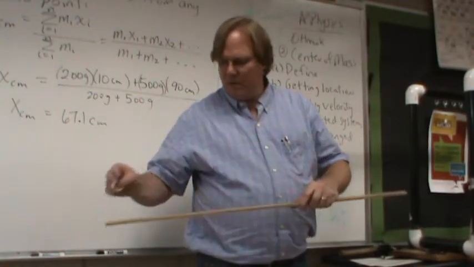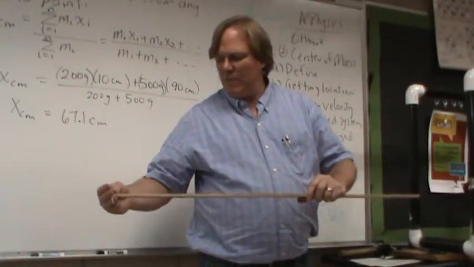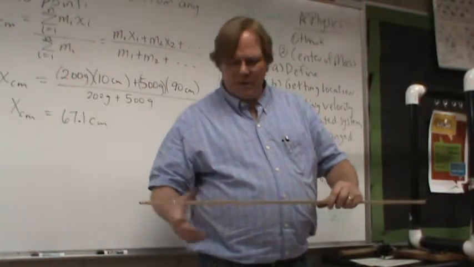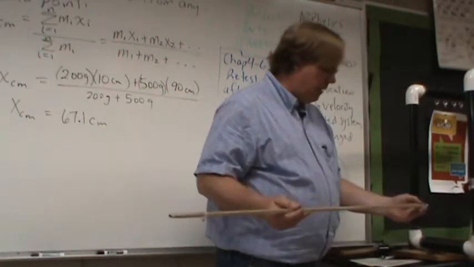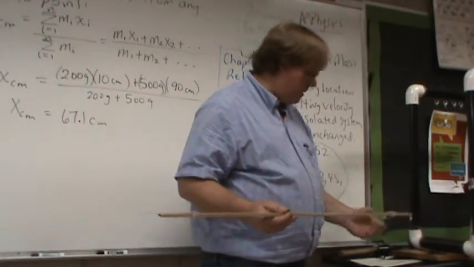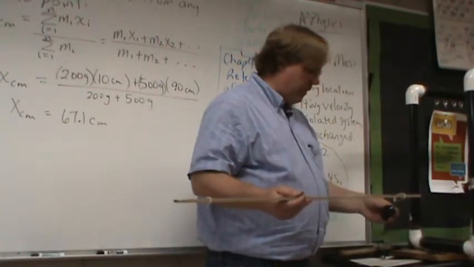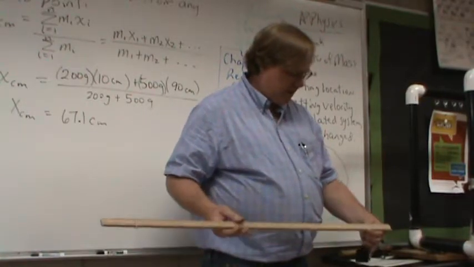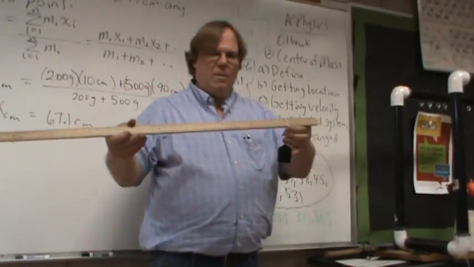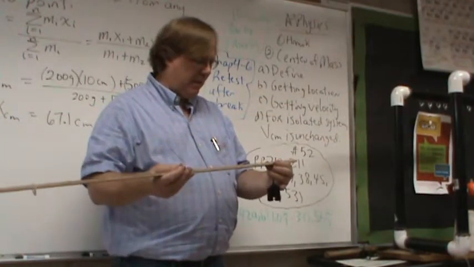Here we go. I'm going to hang my two masses by string. Okay, here's the 500 gram mass, and I'm hanging it right on the 90. I don't know if you can see that from where you are, but I'm hanging the 500 gram mass right on 90.